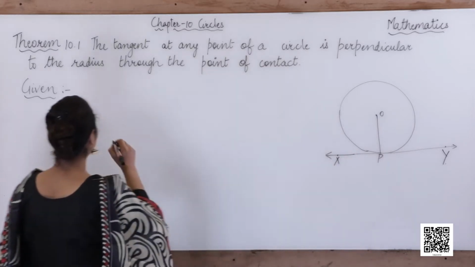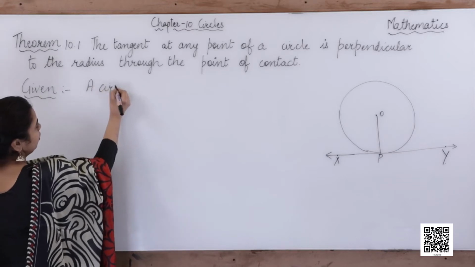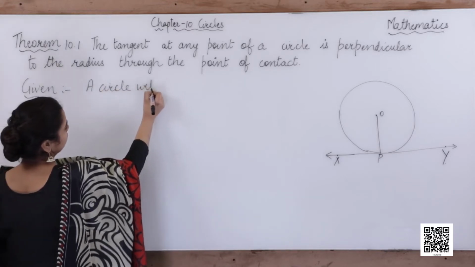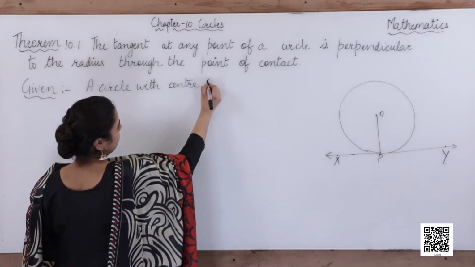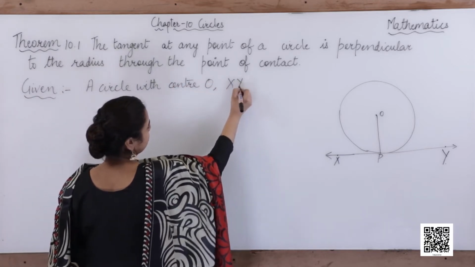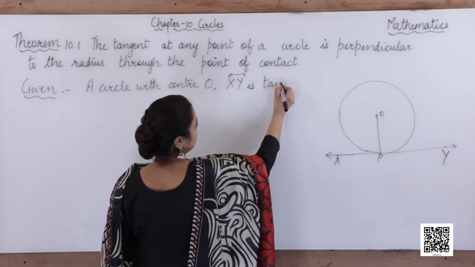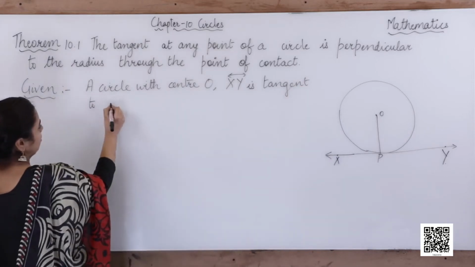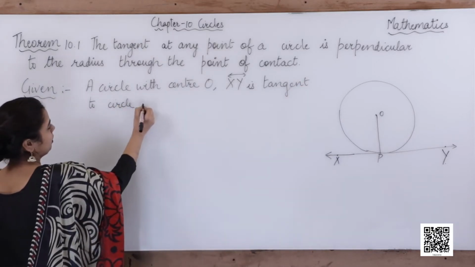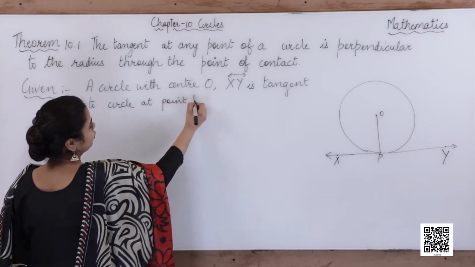So what is given here? It is given that we have a circle with center O, XY is tangent to the circle at point P. What do we have to prove?